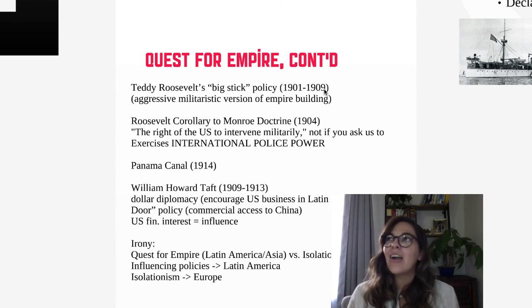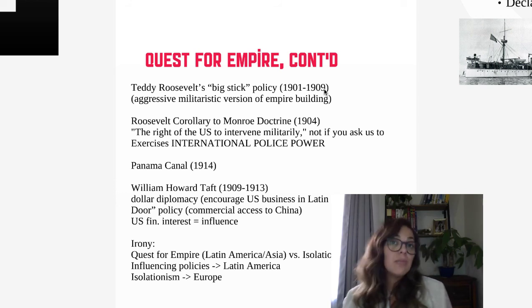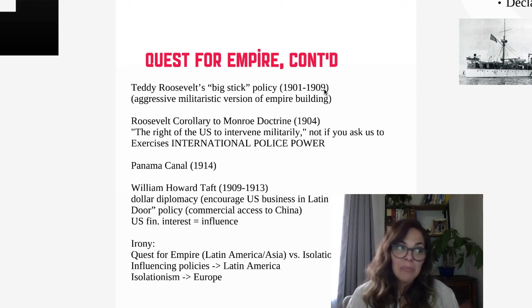And what he's talking about here is what? Military, right? If you cannot get what you want diplomatically, then use the military if you have to. And the bigger the military, the more powerful you are. And that's what the big stick is about.